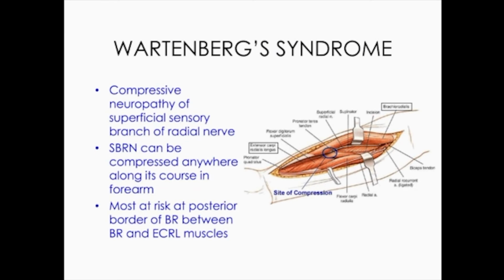Finally, I'll talk briefly about Wartenberg syndrome, which is compressive neuropathy of the superficial sensory branch of the radial nerve. The superficial sensory branch of the radial nerve can be compressed anywhere along its course in the forearm, but it's most at risk at the posterior border of the brachioradialis and the interval between the brachioradialis and the ECRL muscles.